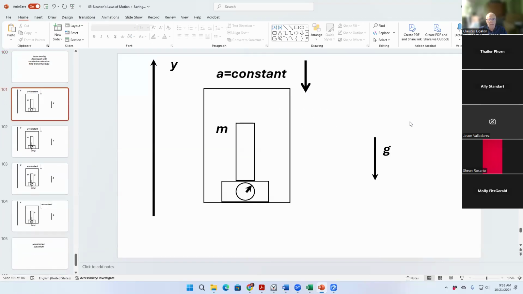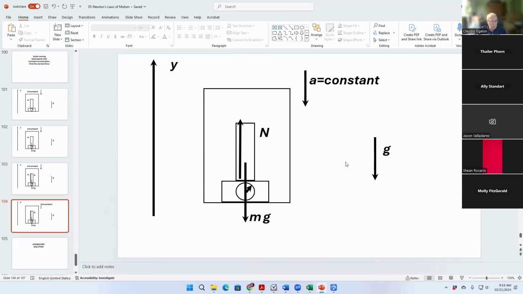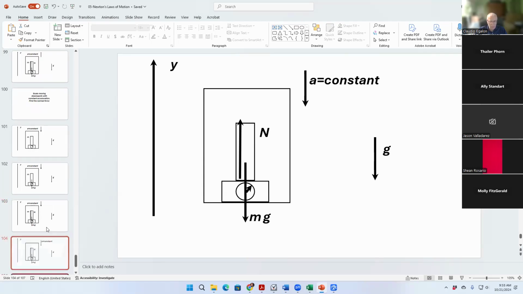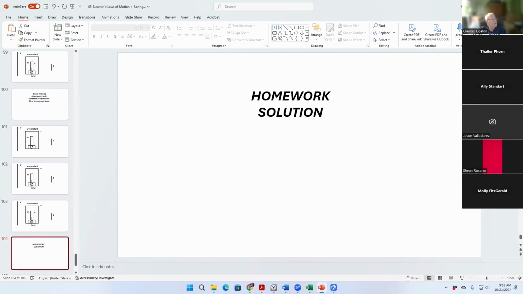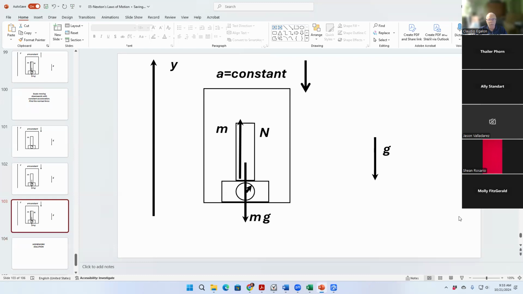Test subject with the scale inside the elevator. This one here, mg and normal. Okay, we don't need that anymore. Find the normal force.